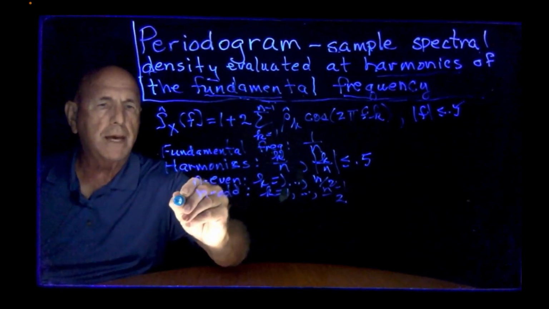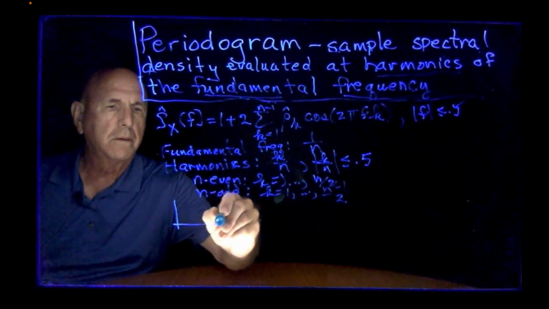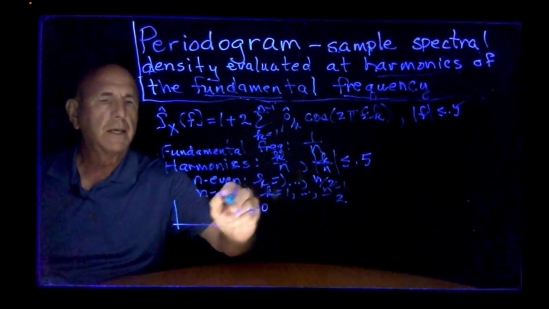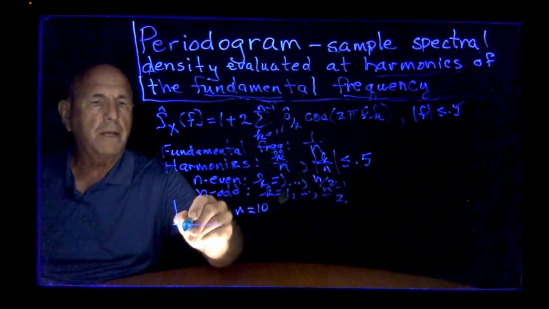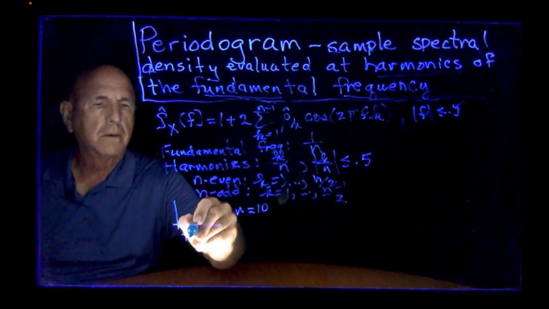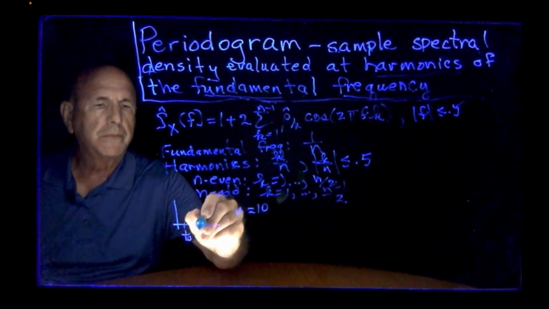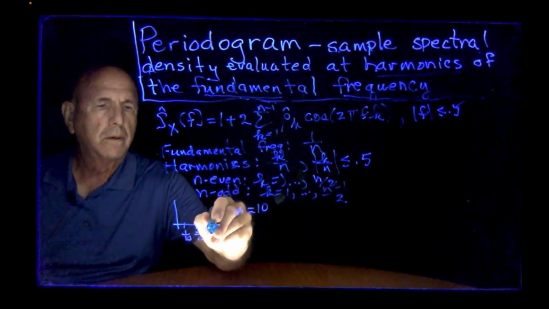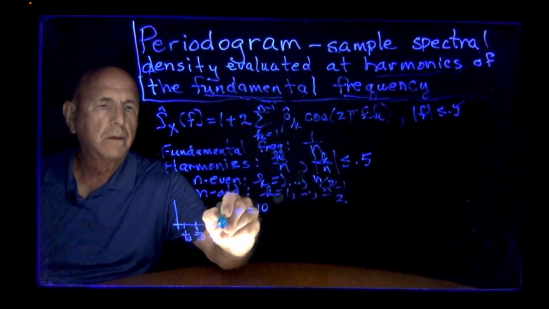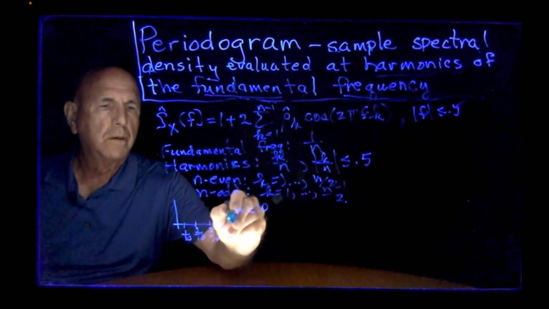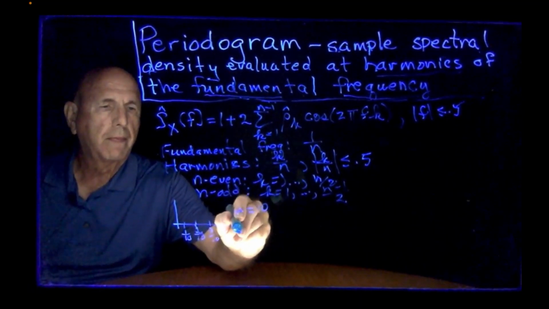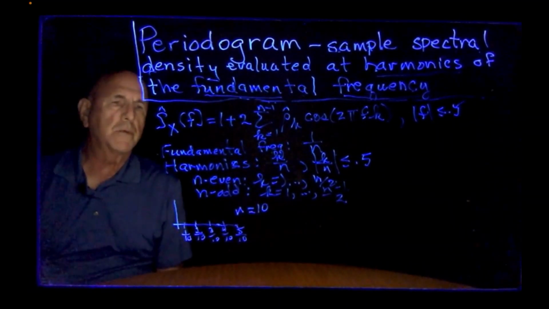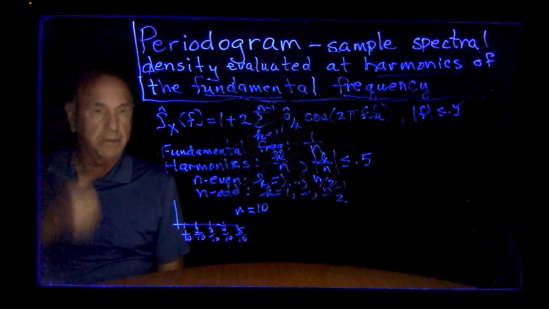Let's suppose I had a realization of length 10, and so I'm going to draw a periodogram. Those are the values at which I'm going to evaluate the spectral density in essence.